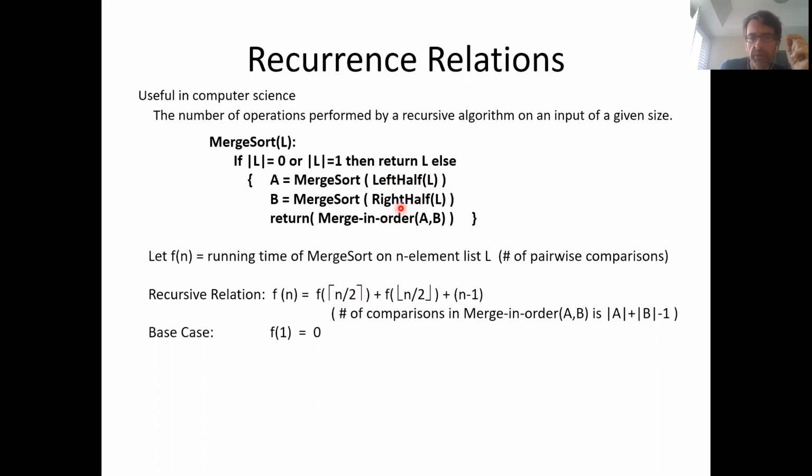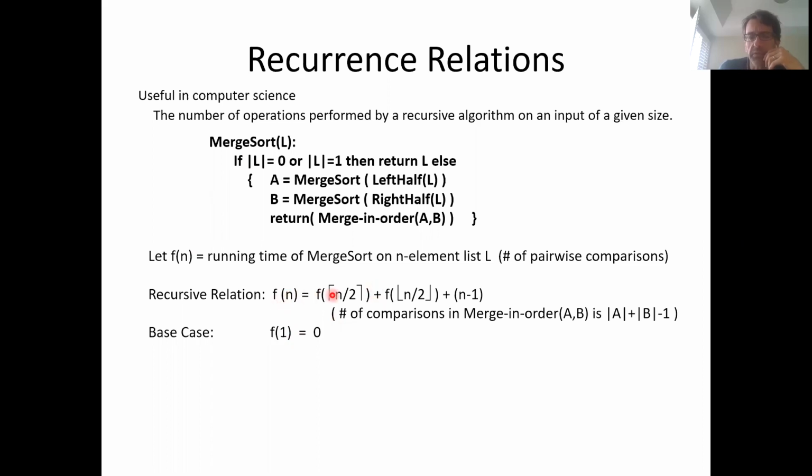And the number of elements here will be the floor of n divided by 2. And how many comparisons do I do at the end? Well, it's actually not n, it's n minus 1, if you want to be exact. So that's the formula. And it's a recursive formula. I have a base case, or base cases, because I should add here f of 0 equals 0, and f of 1 equals 0. And I have a recursive case.